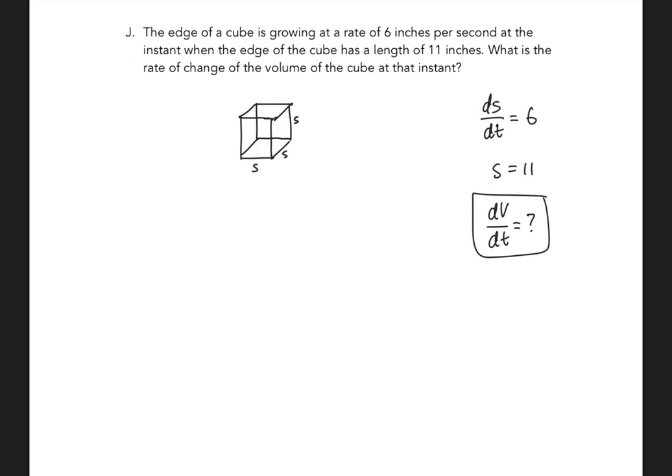Okay, so volume of a cube is S cubed, just length times width times height, but S times S times S. So we'll take the derivative. Okay, we've got everything we need, so we just substitute.